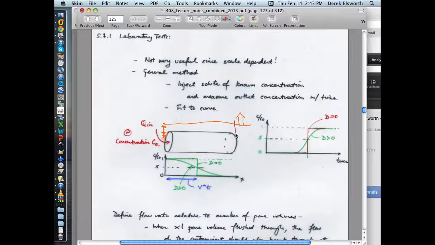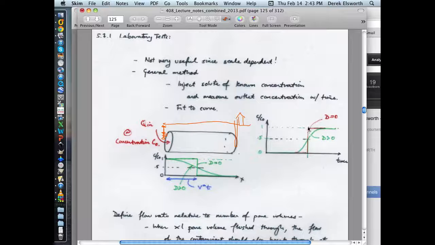And we look at the behavior at a compliance point where we're removing water and measuring the concentration and how that concentration changes as a function of time. And so we can look at that either as a profile of the concentration along the sample or the aquifer, which we know how to do, or we could look at it at the compliance point where we get the change in concentration responding to time.